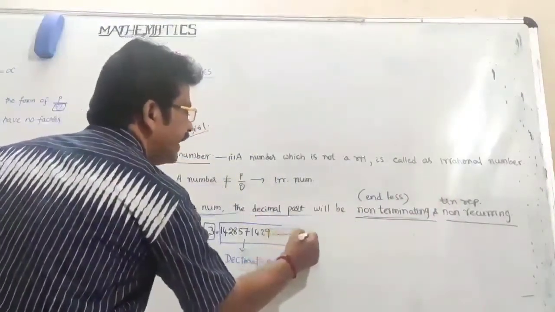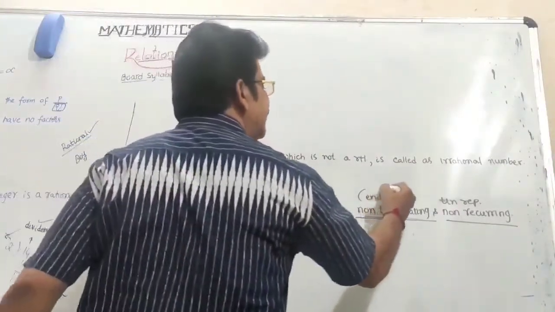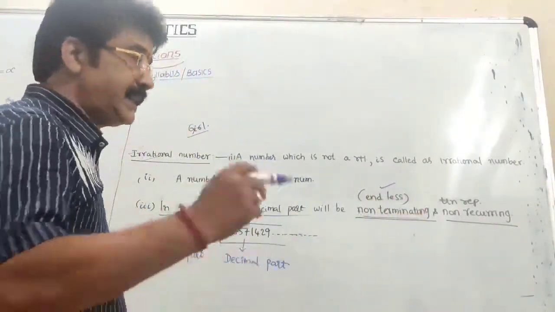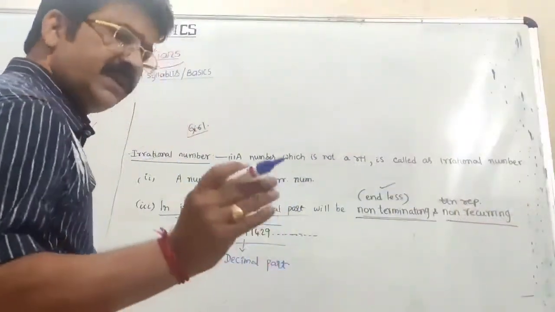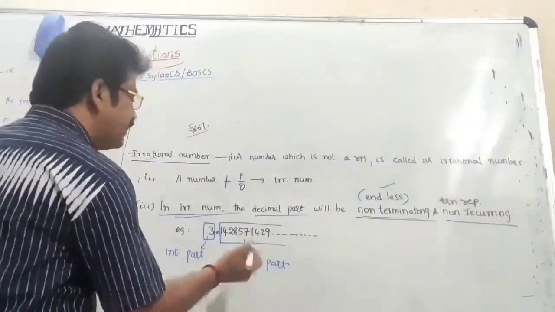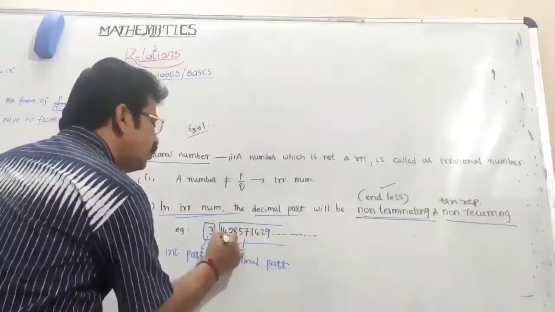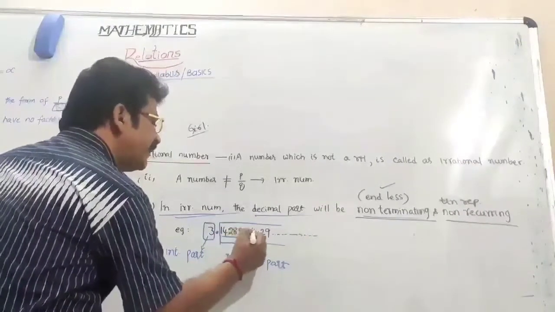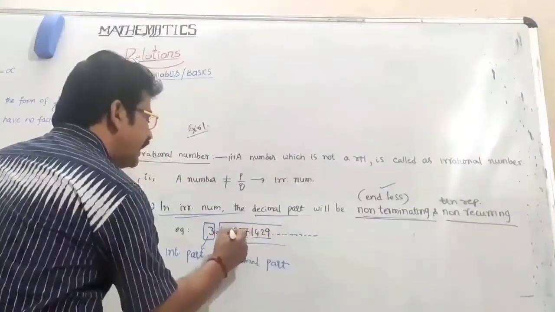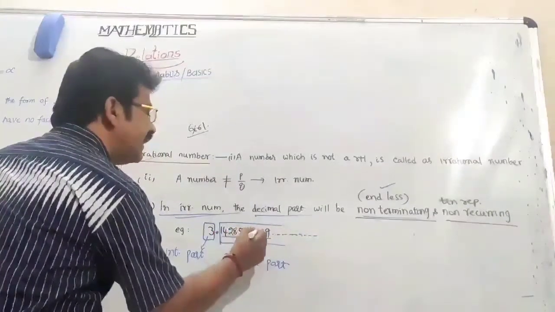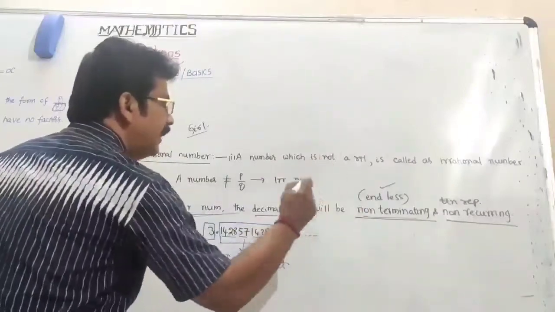And so on is there, right? This condition is satisfied. Next, another condition, non-recurring. Non-repeating means numbers should not be repeated. For example, 1428571429. So 1, 2, 3, 4, 5, 6, 7, 8, 9, 10 and so on.